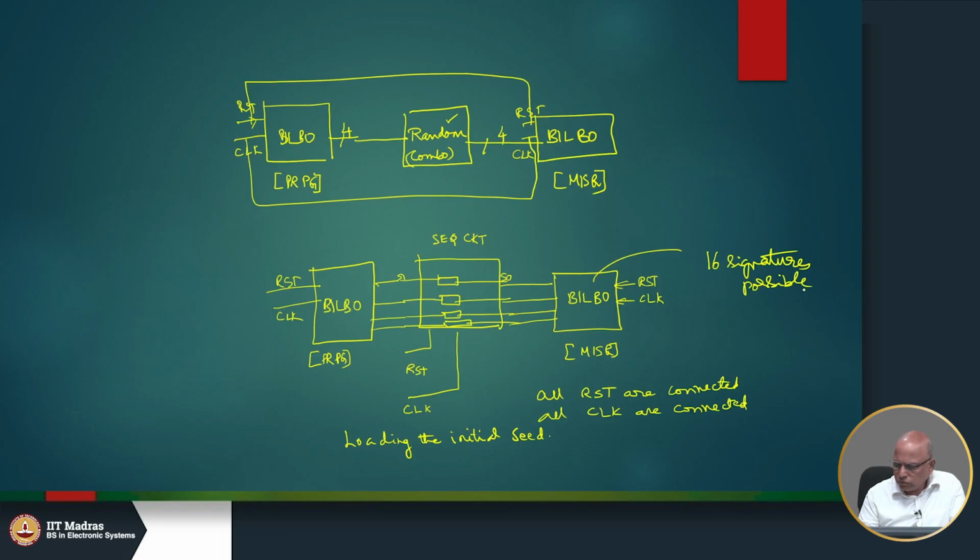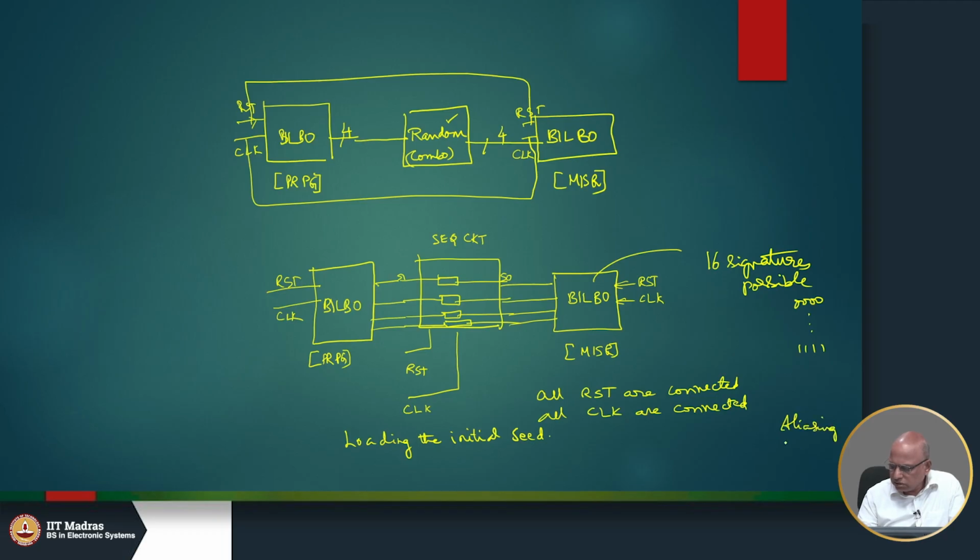So, we can have 0 0 0 0 or 1 1 1 1. The good circuit signature and the faulty signature are expected to be different, but there is a small chance that they are the same. In that case, we say aliasing occurs.